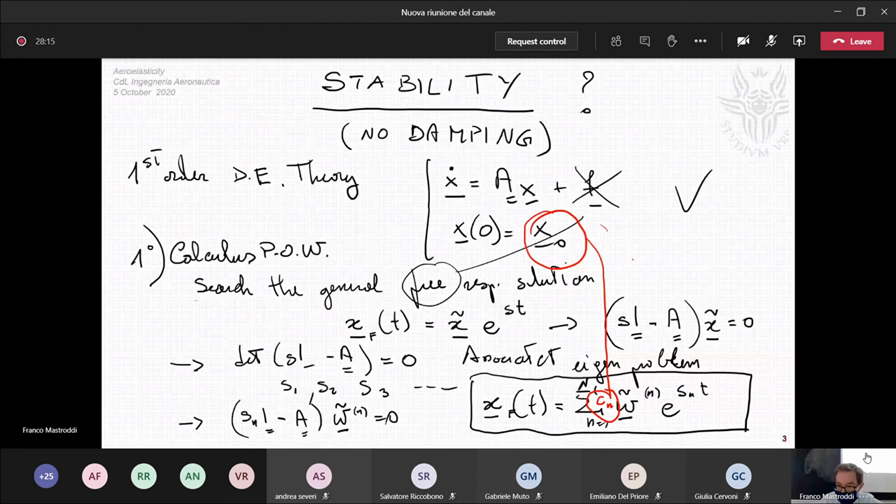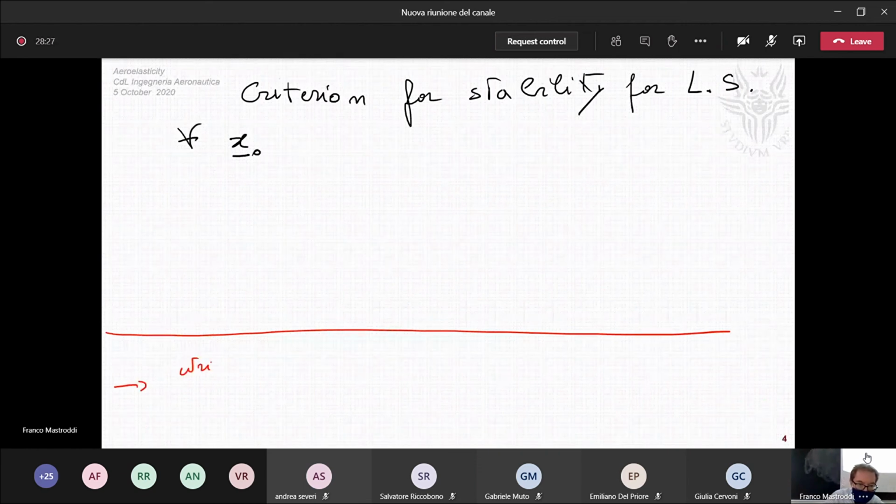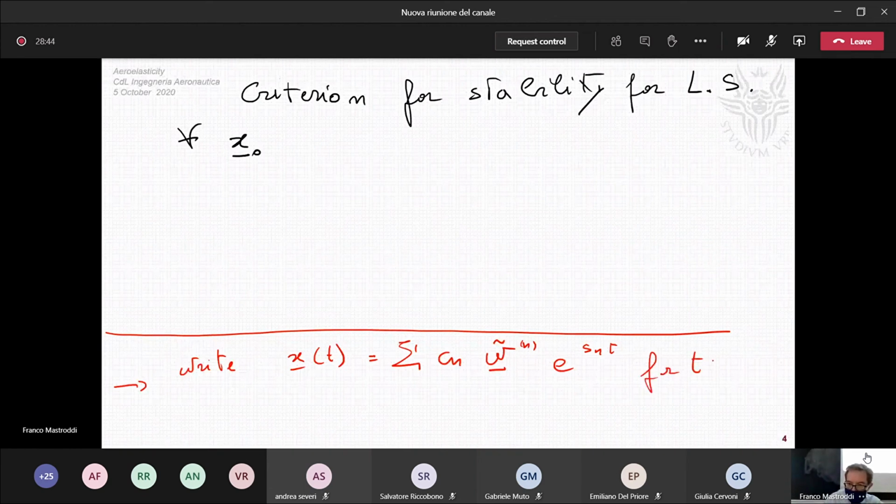In fact, if you write x(t) equal to the sum of Cn w vector n e to the power s_n t, and write this for t equal to 0 at the beginning, you have x0, the initial condition, equal to the summation of Cn eigenvector n.